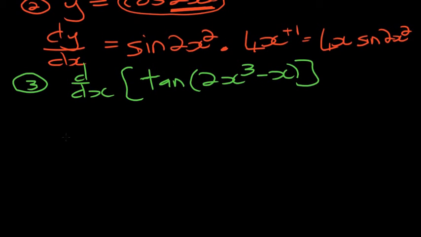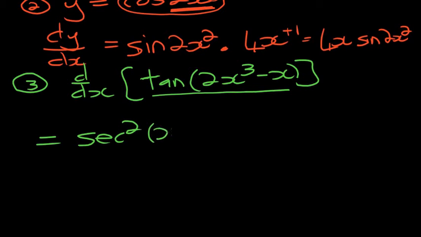So again, you differentiate the big function, the tan, and the tan differentiated is sec squared, and you keep that smaller function in there, and then you multiply this with the differentiated function inside the tan.